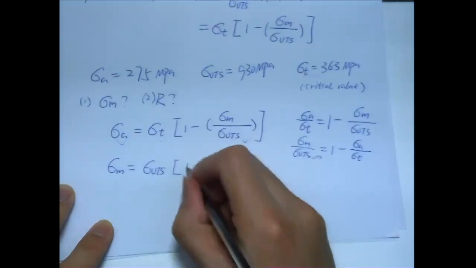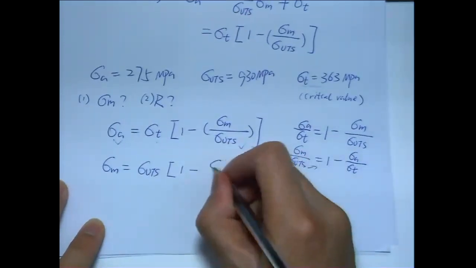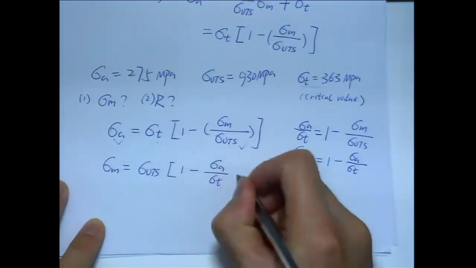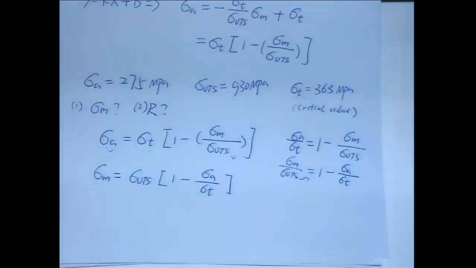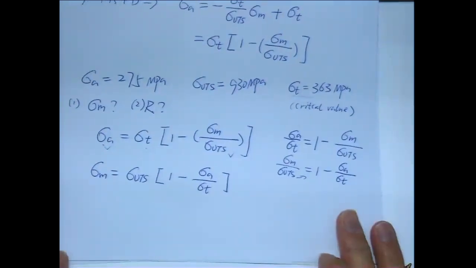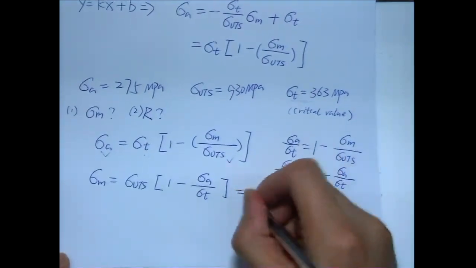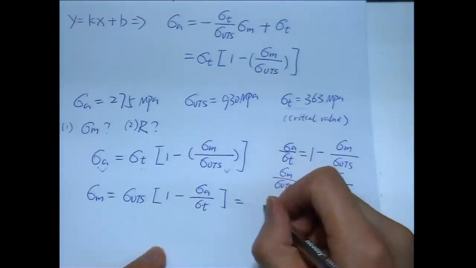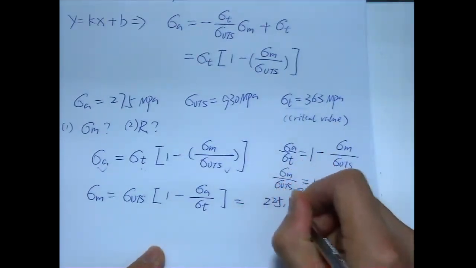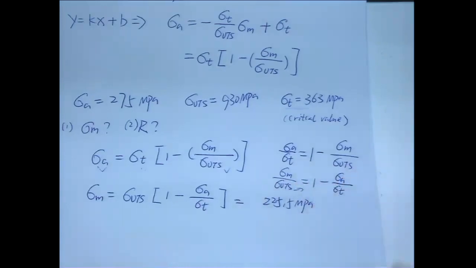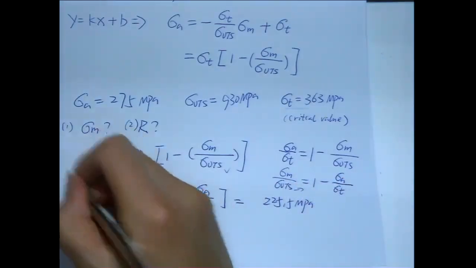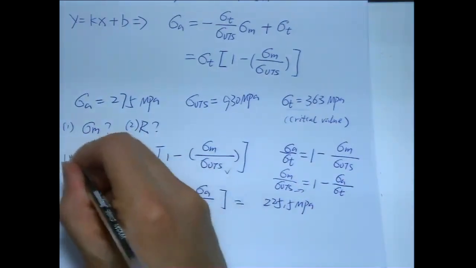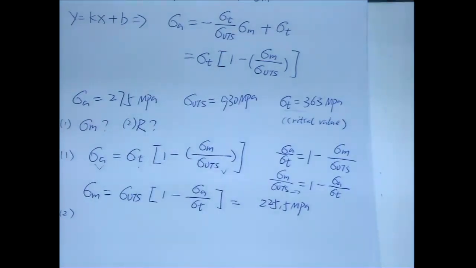Now I rearrange these parts such that sigma m equal to sigma UTS times (1 minus sigma a over sigma t). Right? Just rearranging the equation. And that gives you the answer. You plug in all the values. That gives you the answer, which is 225.5 megapascal.